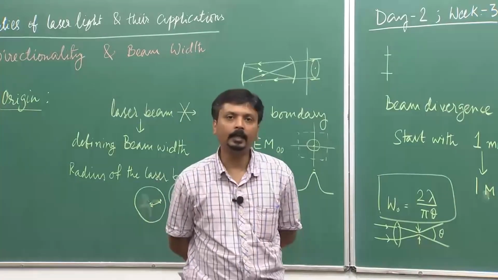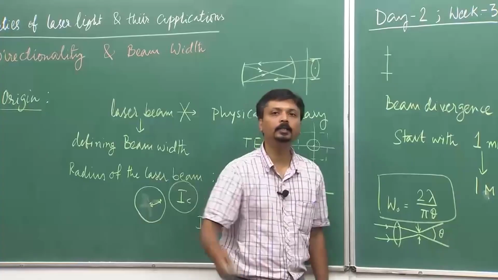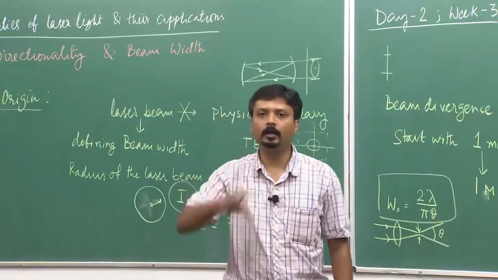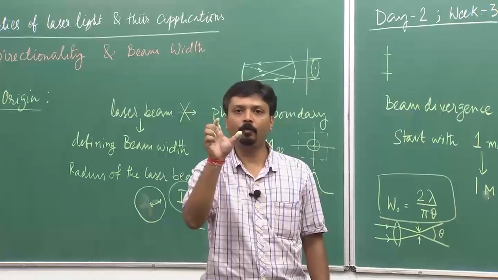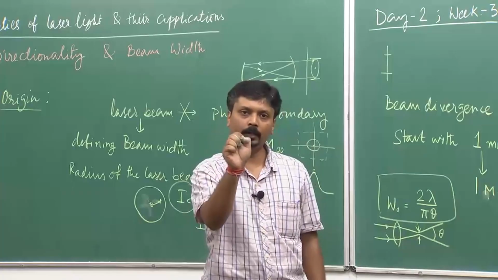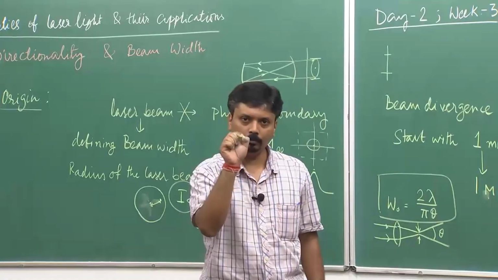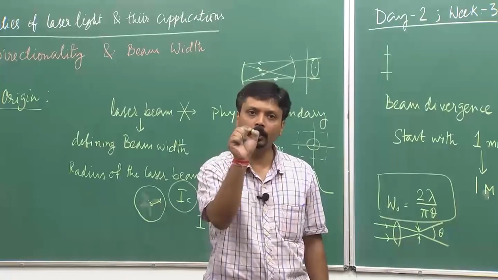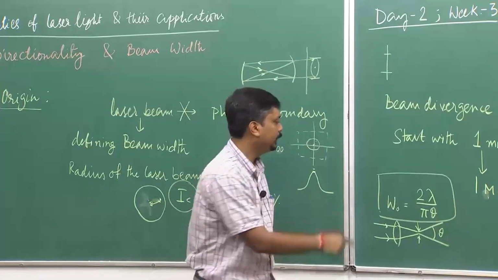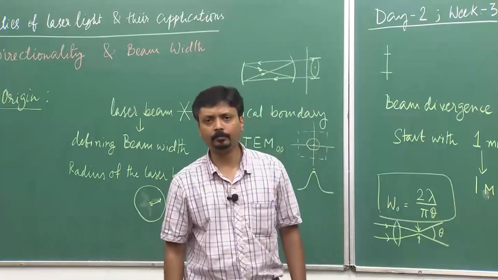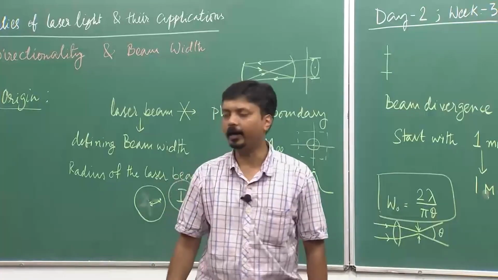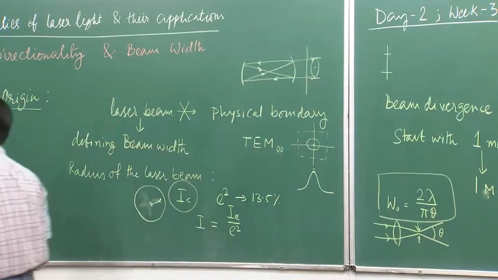There you can get that high intensity by focusing it. It is well understood that if you start with a large beam and then focus it, all the photons are actually falling on that particular small diameter, which is denoted by this. So, there you find the application of these properties.